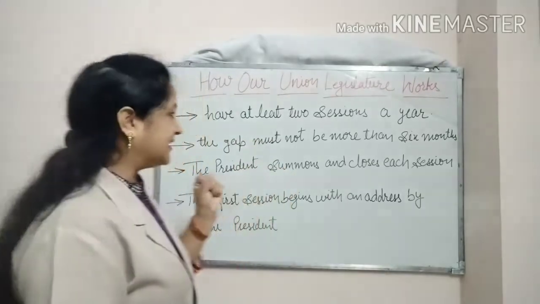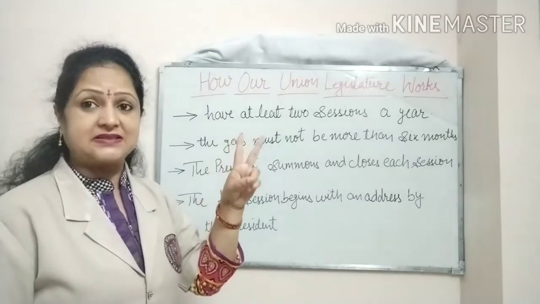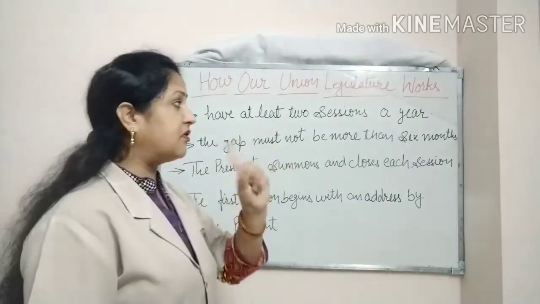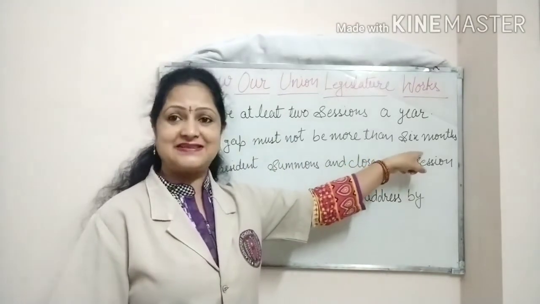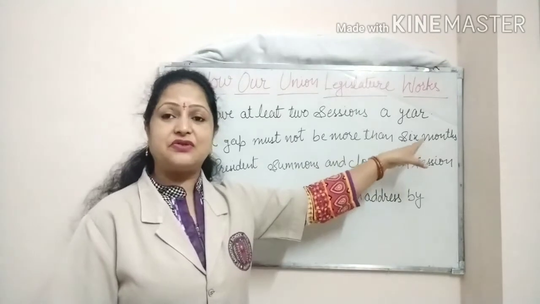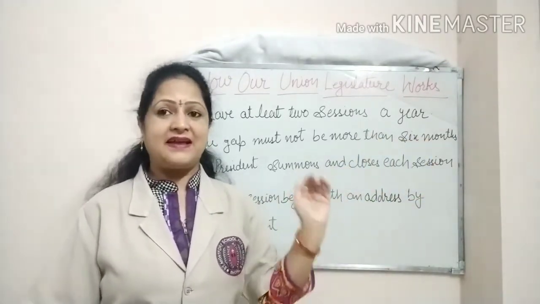Now the second point is the gap between these 2 sessions. The gap between 2 sessions must not be more than 6 months. Okay. So just before completion of these 6 months, the second session should be held.